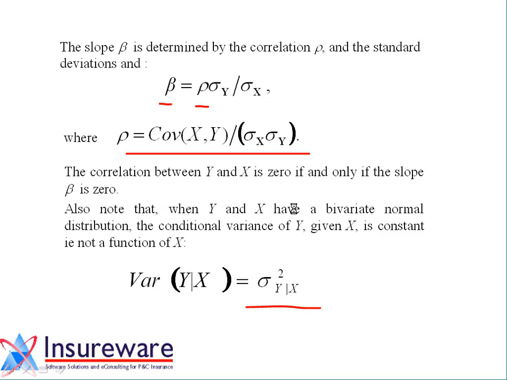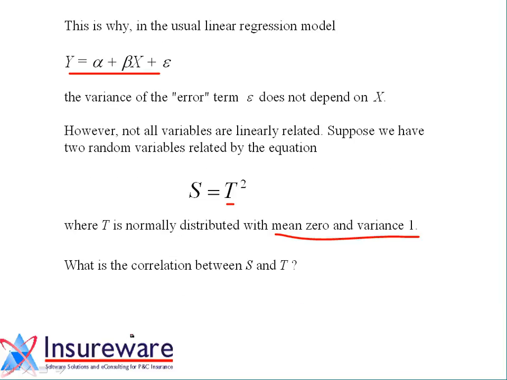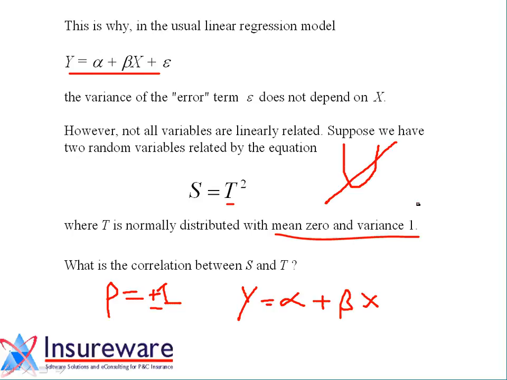In fact, the only time the correlation between two random variables equals plus or minus 1 is if and only if you can find two constants, say alpha and beta, so that you can write one as a linear function of the other. In this particular case, where t is normal 0, 1, and s equals t squared, the covariance in fact is 0. I guess you could also argue that a quadratic is very far away from a straight line.